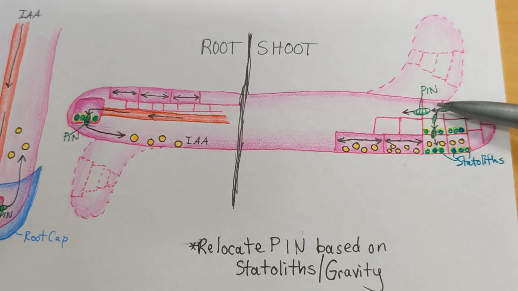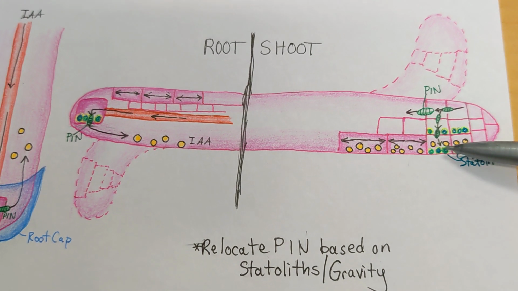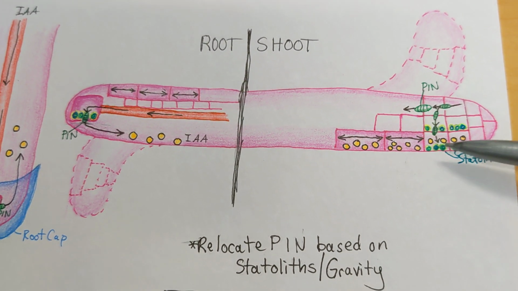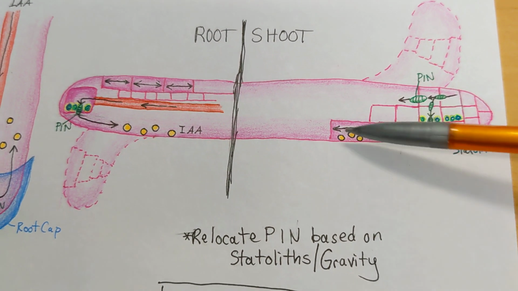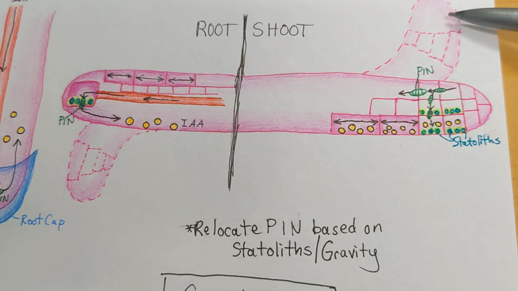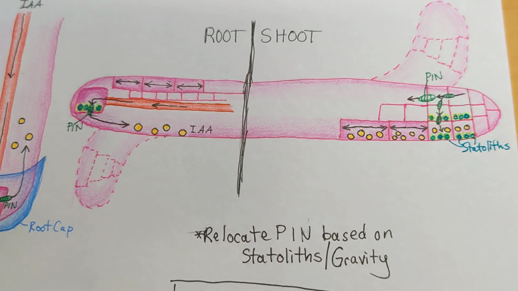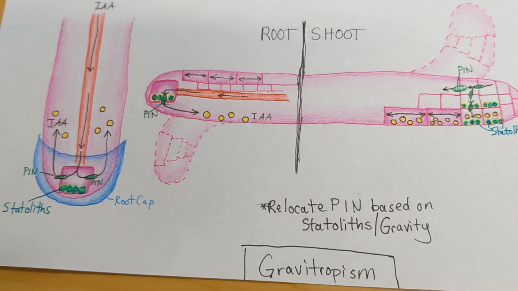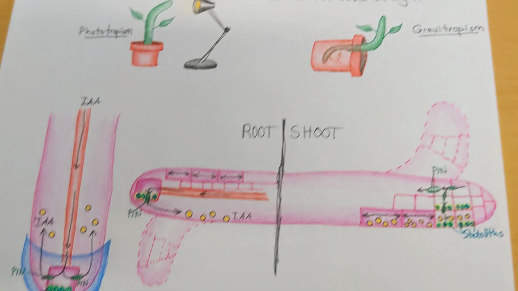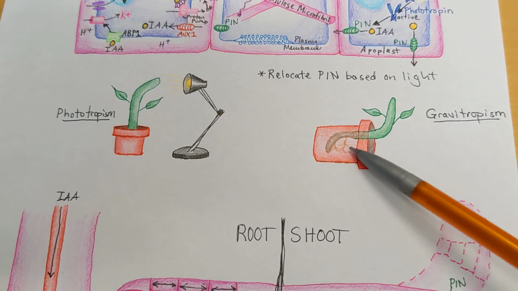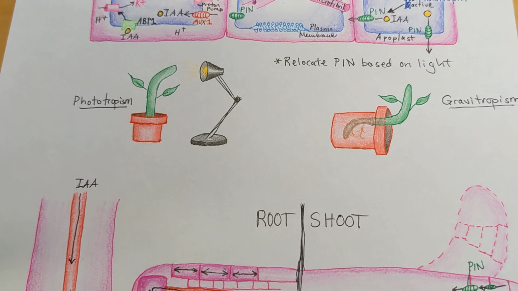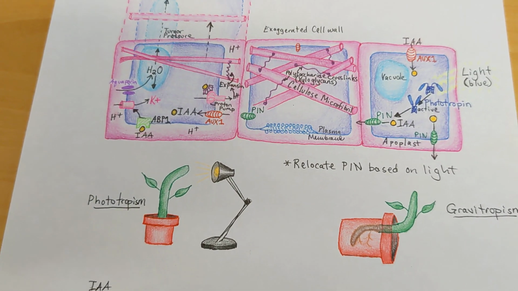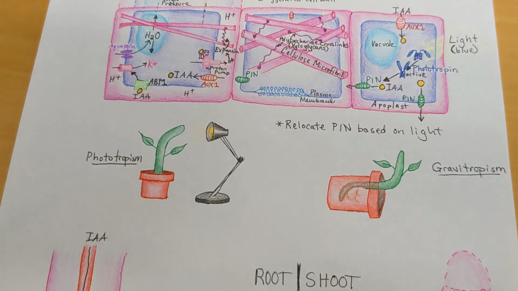This relocates pin to the bottom of the cells, so auxin is distributed to the bottom once again. This time auxin is going to stimulate growth on the bottom side, therefore promoting negative gravitropism, or growth away from gravity. Once again, this was gravitropism, growing with or against gravity, and phototropism, growing towards the light. Both of these processes are regulated by the hormone auxin.